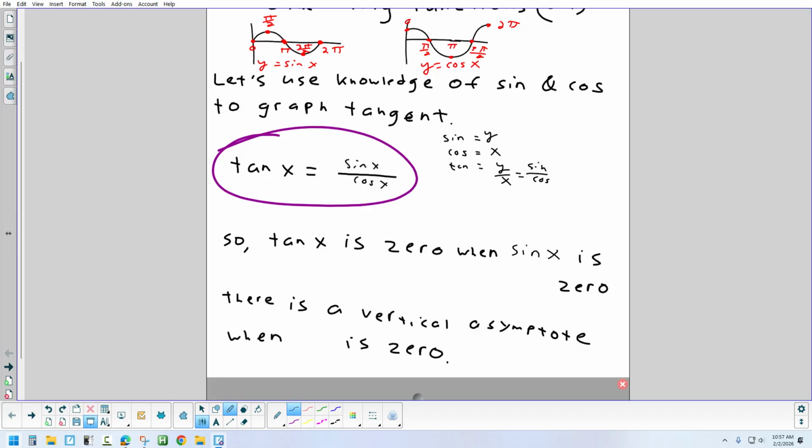So there is no value. As we start to approach it, it just goes up forever or down forever. In order for that to happen, you need to divide by 0. Dividing by 0 is what causes a vertical asymptote. So when would we have vertical asymptotes in the graph of tangent?